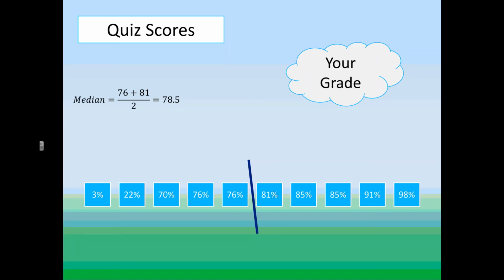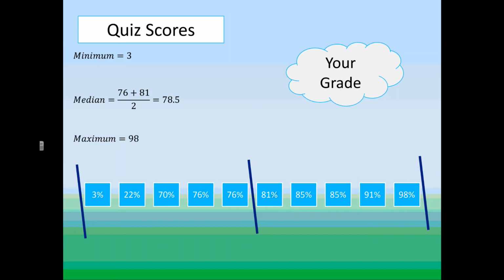Your population of quiz scores is really spread out. It's going from 3 all the way to 98. That's a very large span, from 3 to 98. They call this the minimum and the maximum. The median is the middle.